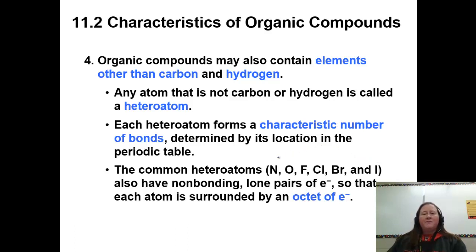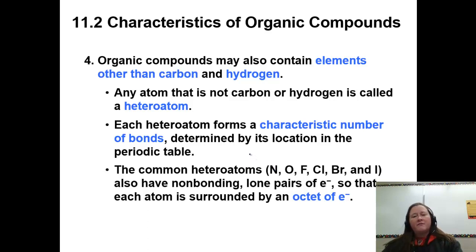So some of these atoms have lone pairs, and some of them will not. These are all examples that have lone pairs. Now let me show you what I mean by that.